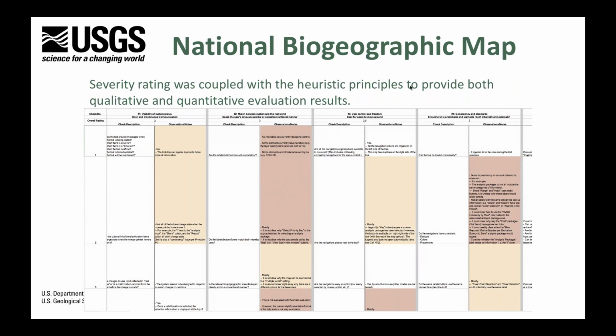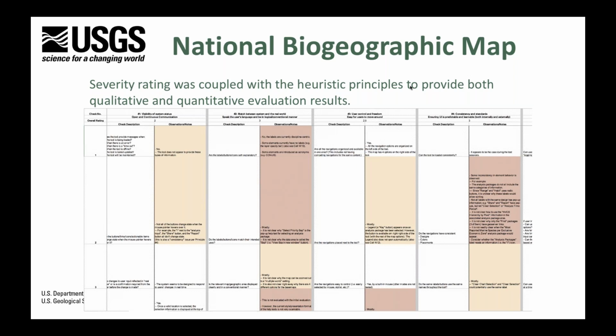And for the National Biogeographic Map, in addition to defining the characteristics we're checking for under each of these usability principles, and evaluating them using a qualitative method, we have also coupled the evaluation process with a severity rating so that I can report back quantitatively how well, to put it positively, we are doing with these principles.